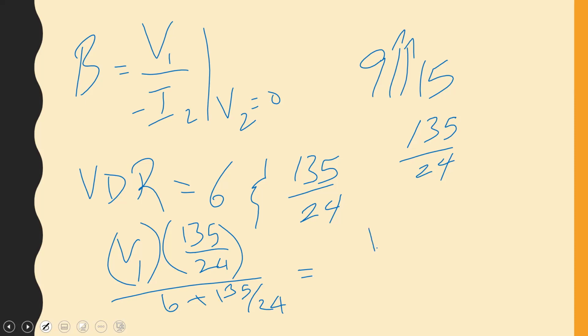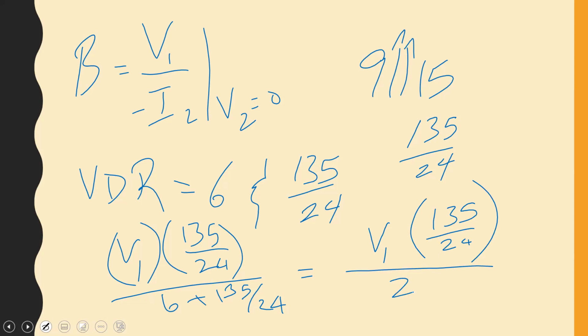So we have V1 times 135 over 24, divided by 279 over 24. All right? So that gives us 135 V1 over 279.